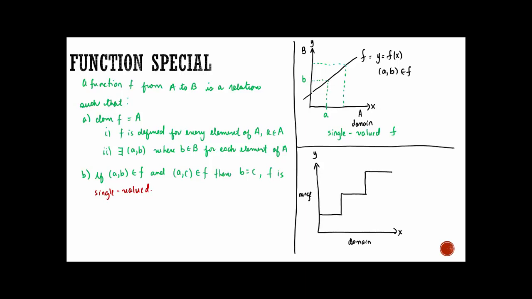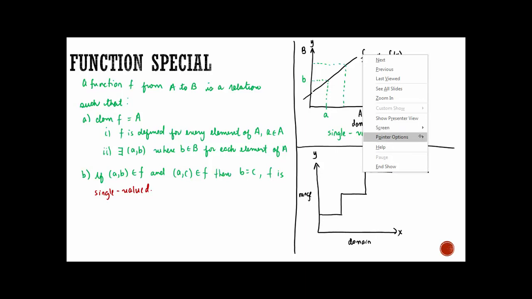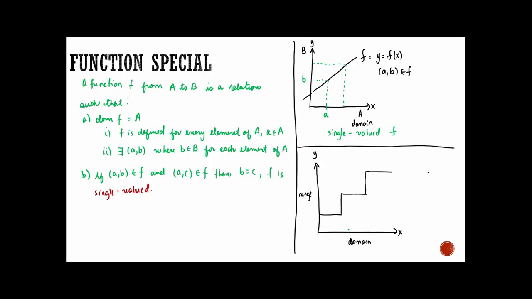So for this case, if you map, let's say, a value of A here and here, when you map those, those two values will have the same value for the range of the function. So in this case, this is not a single value function.